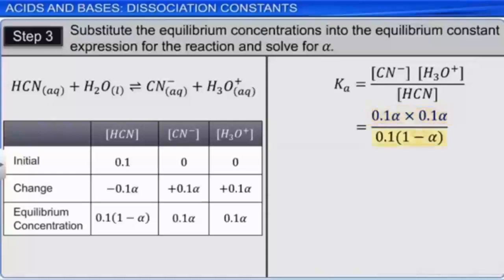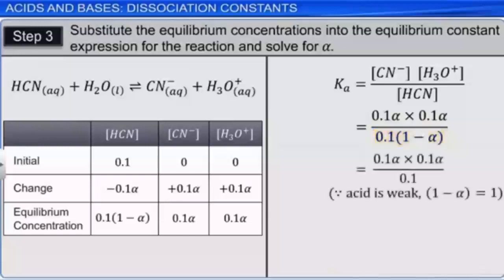As hydrocyanic acid is a weak acid, it undergoes dissociation to a very little extent, and hence the value of alpha is very small. Thus, 1 - alpha can be taken as 1. Thus, Ka becomes equal to 0.1 alpha squared.